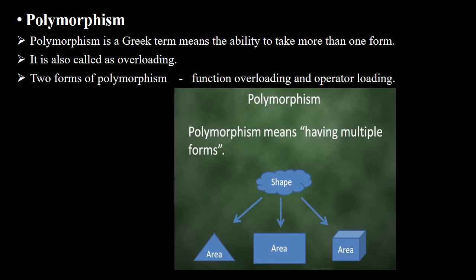Function overloading means a single function name can be used in different forms, depending on the number of arguments and types of arguments. Operator overloading means the same operator used for different forms.